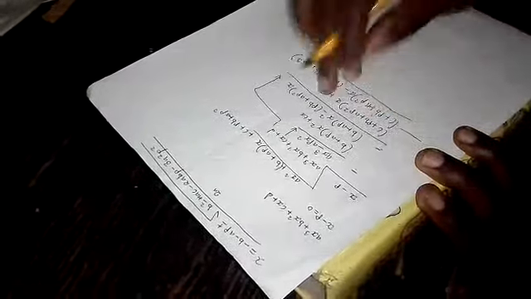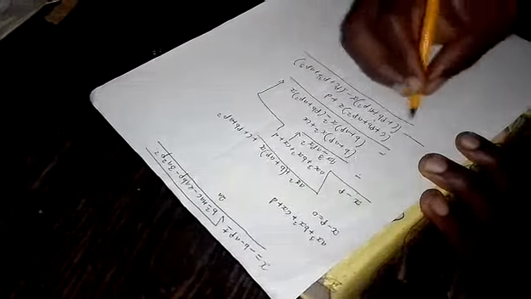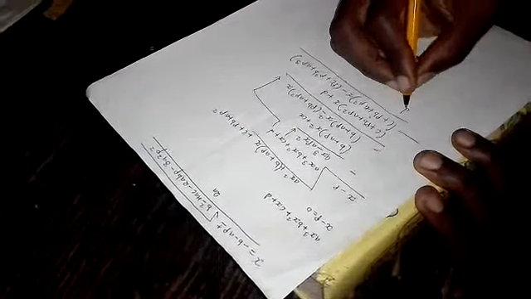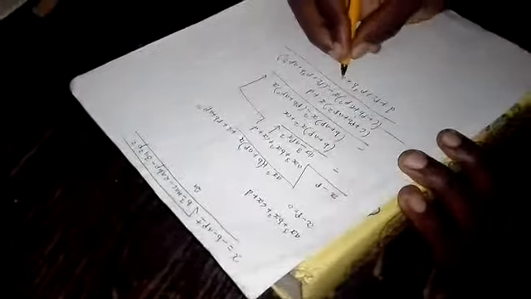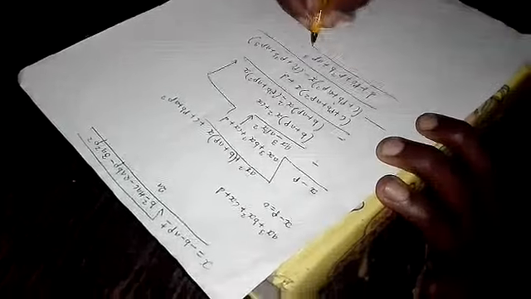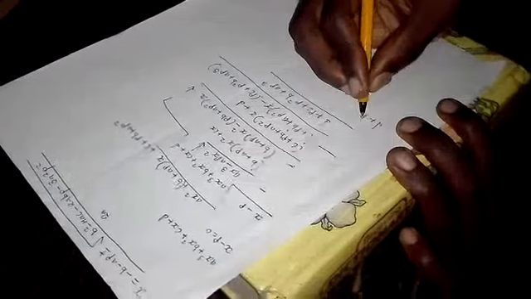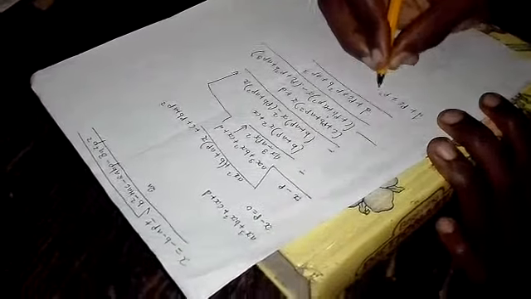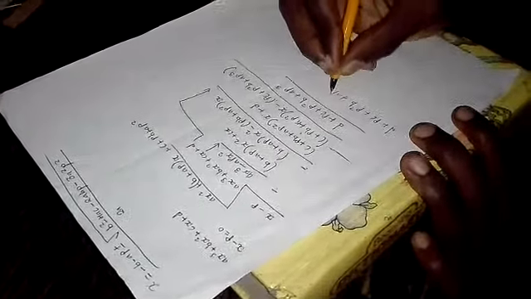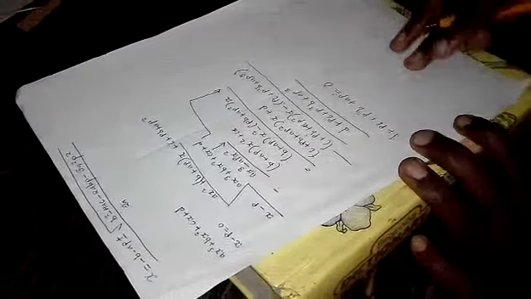You subtract this and this, so this will be positive again, so this will be d plus pc plus p squared b plus ap cubed. So this d plus pc plus p squared b plus ap cubed is equal to 0.